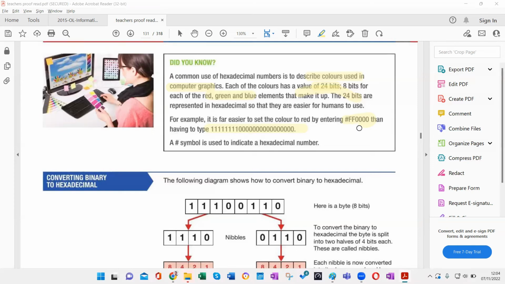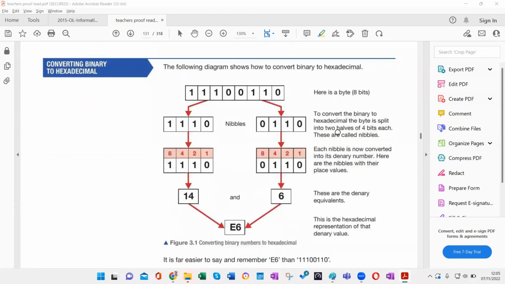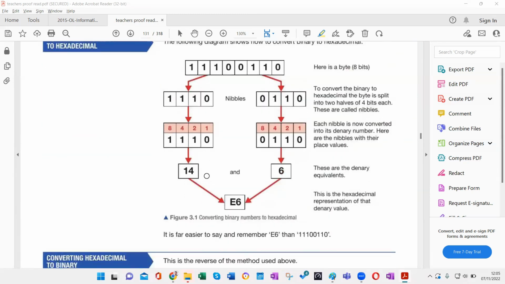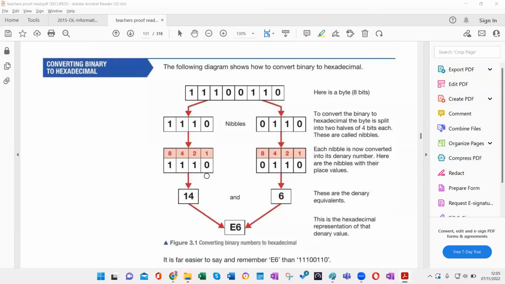Why did it shrink to this level? Because to represent a hexadecimal number, you need 4 binary bits, because 2 to the power of 4 is 16. So 4 of these bits can be shrunk into one hexadecimal number. And as a result, we have 3 pairs of hexadecimal numbers. Simple.